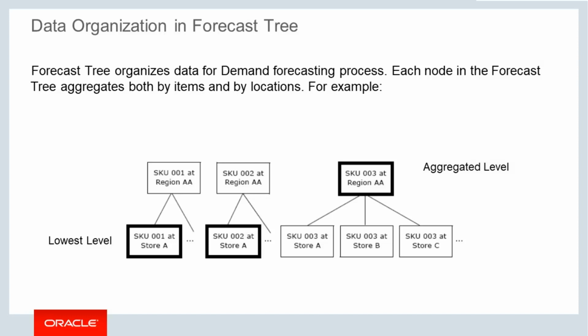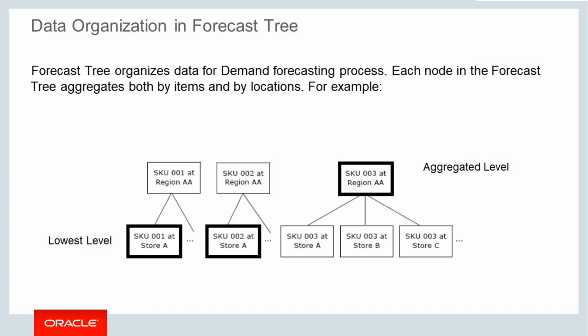Let's look at what we just said using illustrations of the forecast tree in front of us. Forecast tree organizes data for demand forecasting process. Each node in the forecast tree aggregates both by item and by location. The following example shows a small part of a forecast tree.